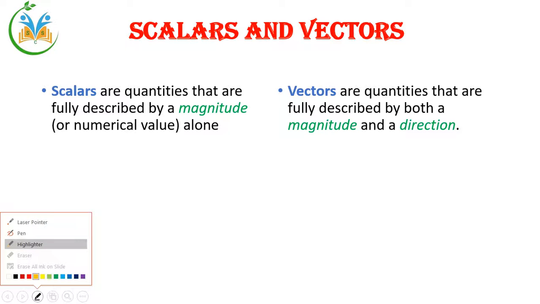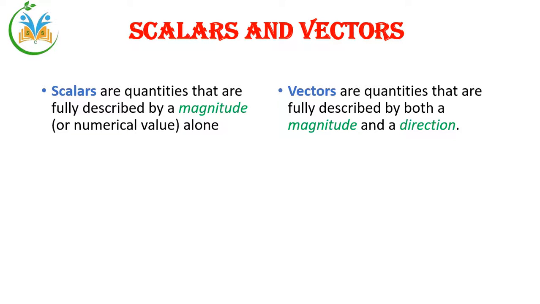So students, as per this, in scalar we have only and only magnitude, and in vector we have magnitude plus direction.